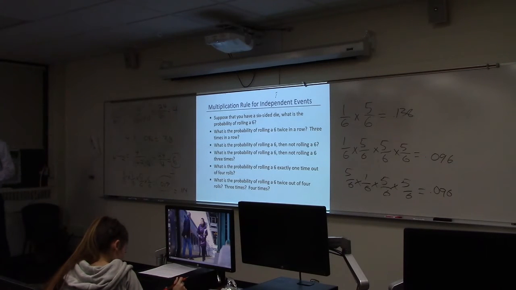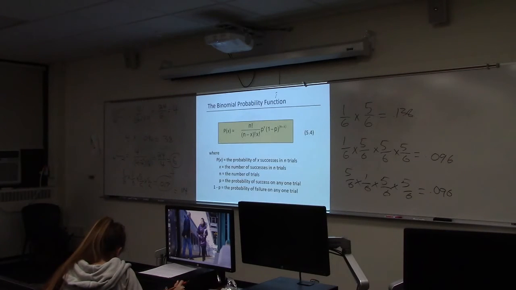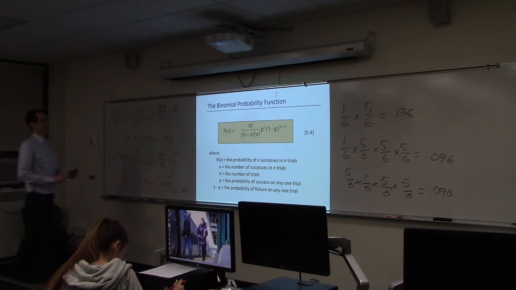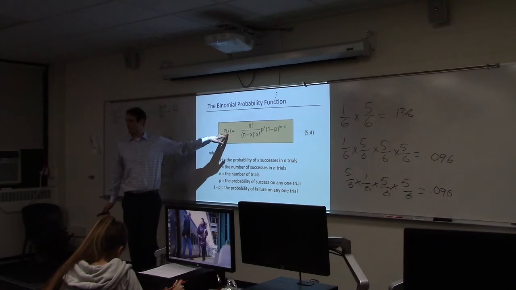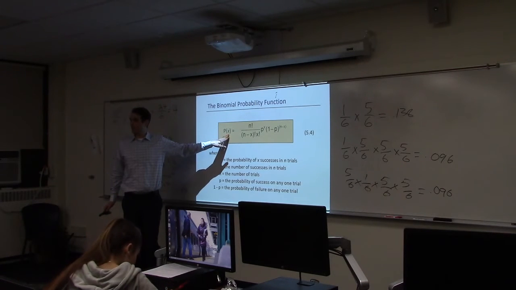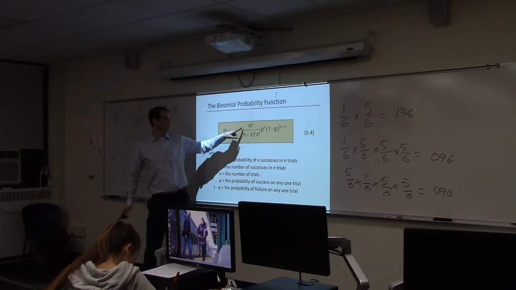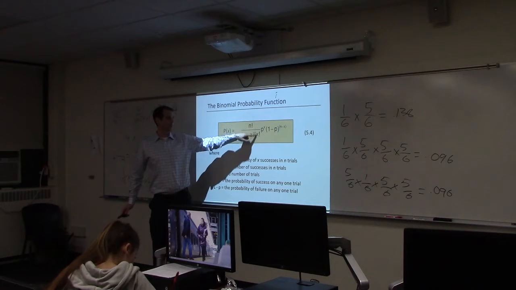Alright, any questions? So that is our binomial probability function. The probability of x, which is the number of successes, in our example the number of times we roll a 6, equals the combination formula.